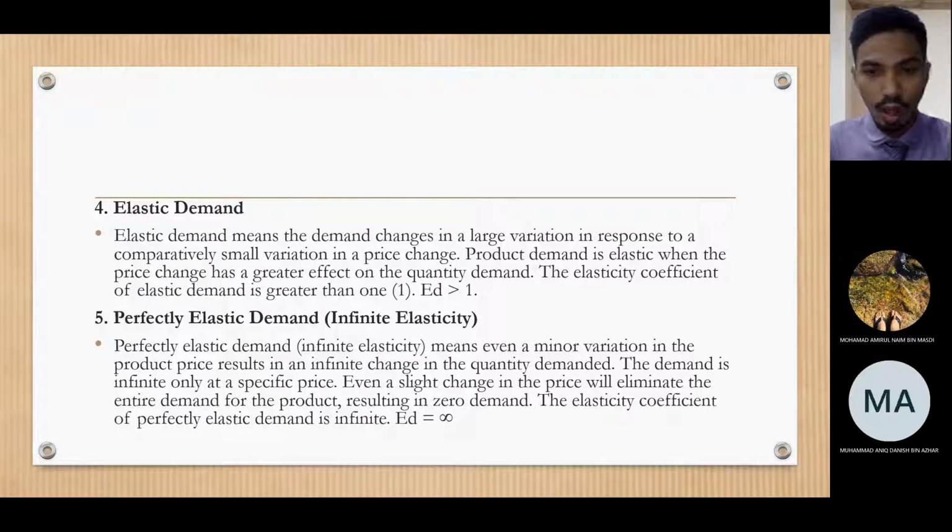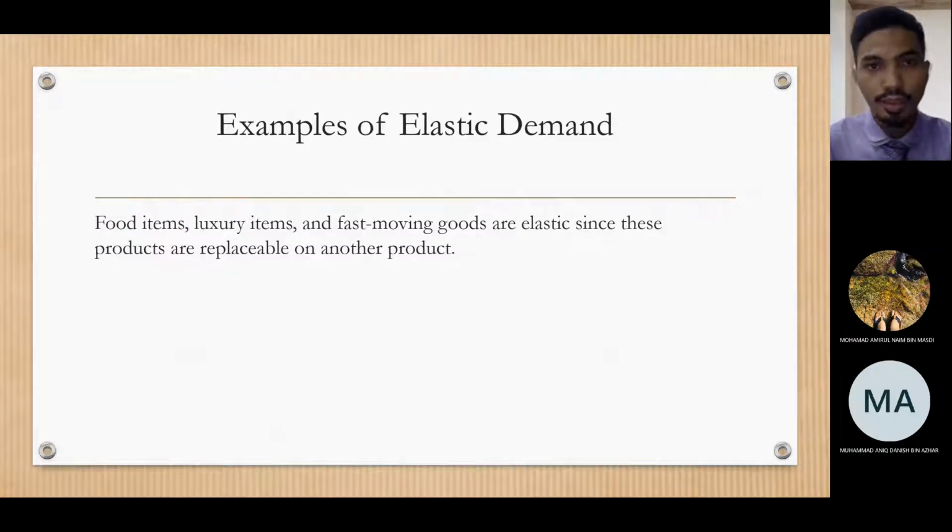The elasticity coefficient of perfectly elastic demand is infinite. Examples of elastic demand are food items, luxury items, and fast-moving goods, since these products are replaceable by another product.